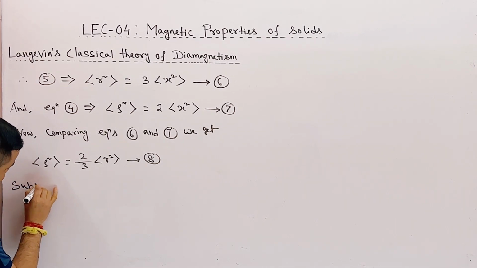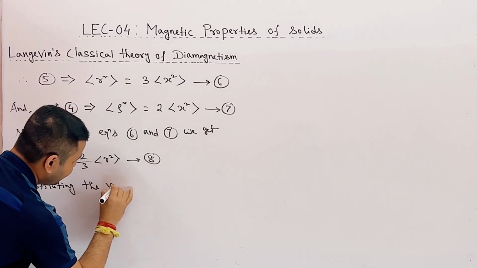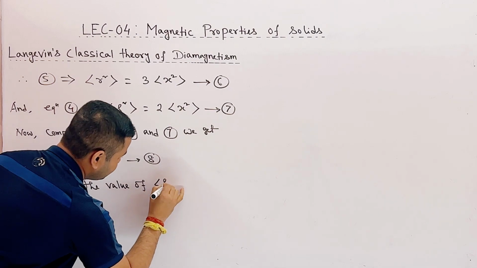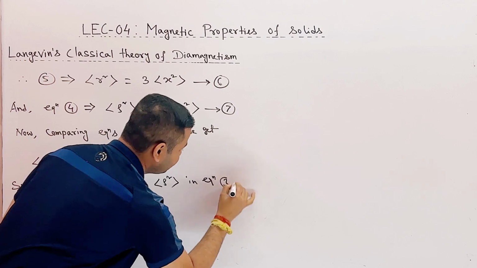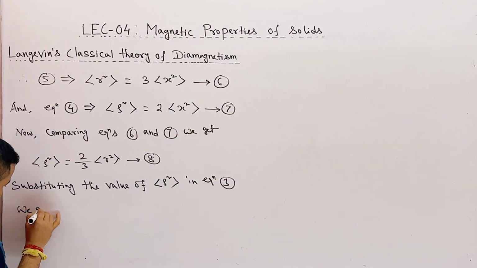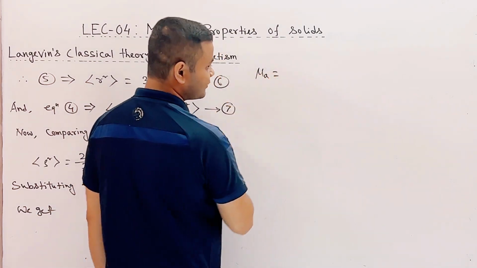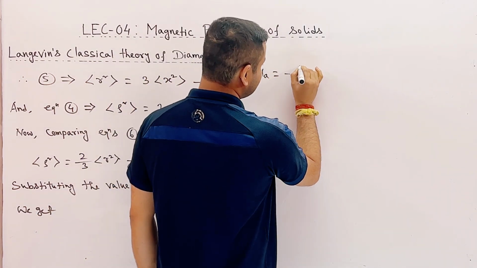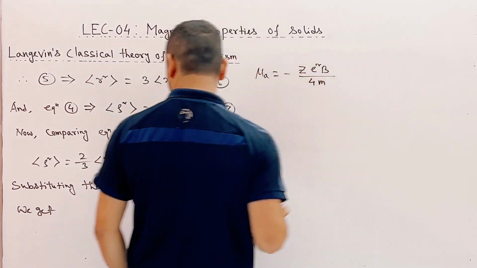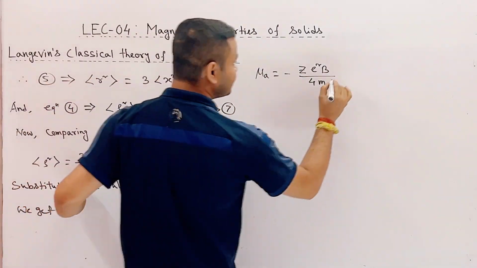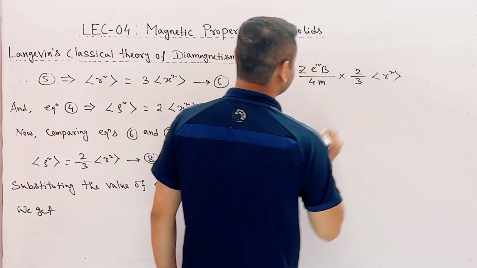Substituting the value of rho square in equation 3, we get mu A is equal to minus Z into E square B divided by 4m into average value of rho square, whose value is 2 by 3 into average value of r square.